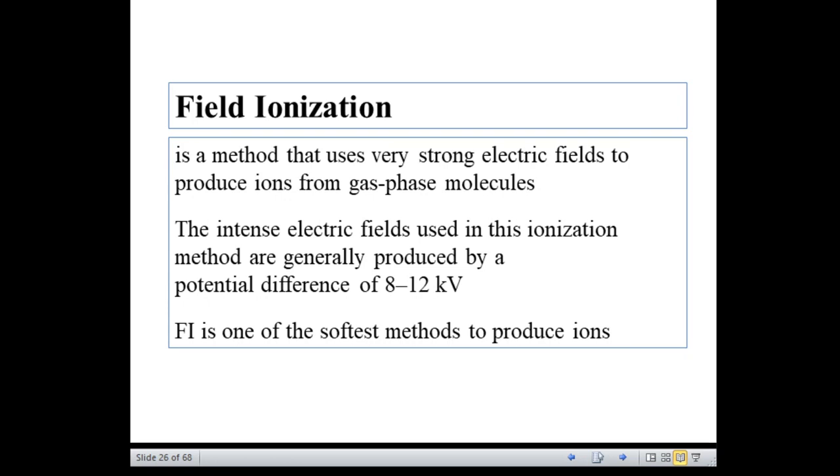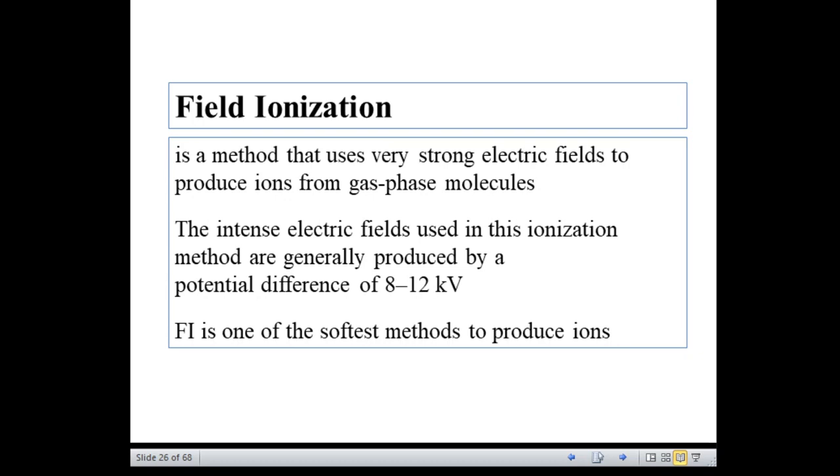Now, this ion is repelled by the emitter and it flies towards the negative counter electrode. There will be a hole, and through this the ion passes directly to the mass analyzer compartment.